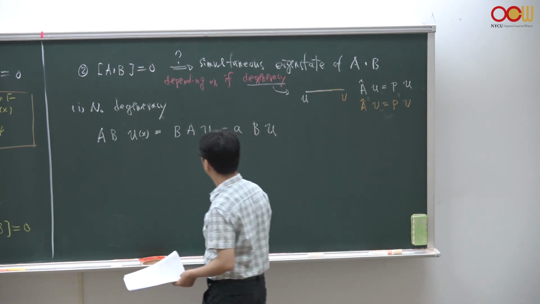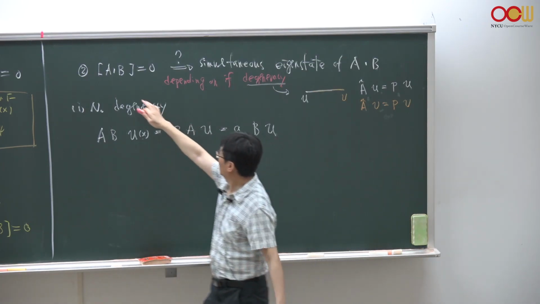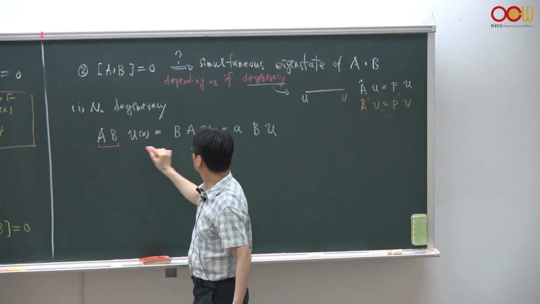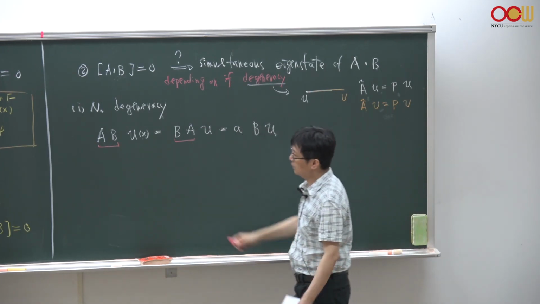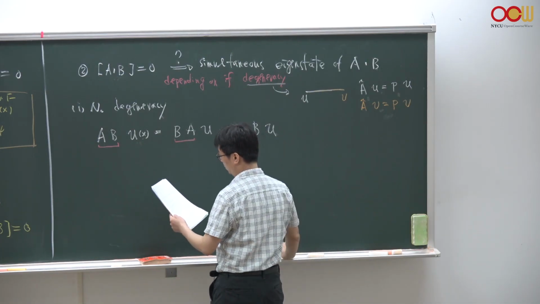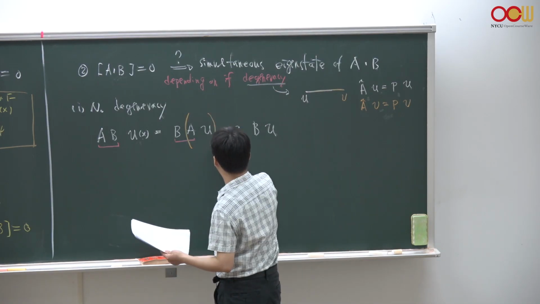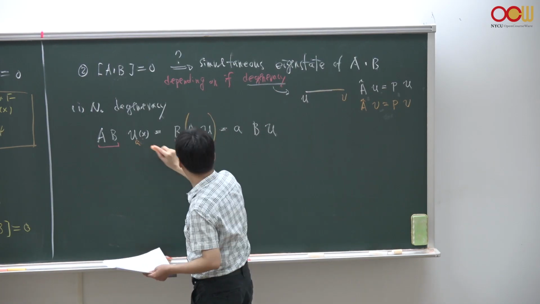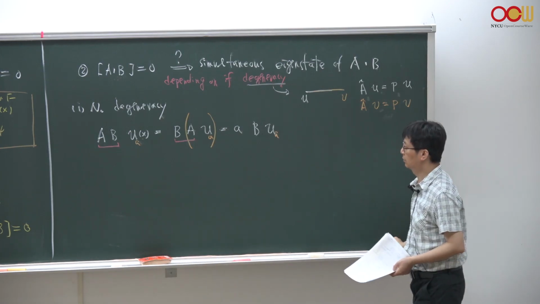So let's just perform the first manipulation. First, we know that A and B commute. We simply reverse the order between A and B. AB acting on the U is the same as BA acting on the U. Next, we simply apply the eigenvalue equation for A. For that reason, I need to consider eigenfunctions of the A operator.